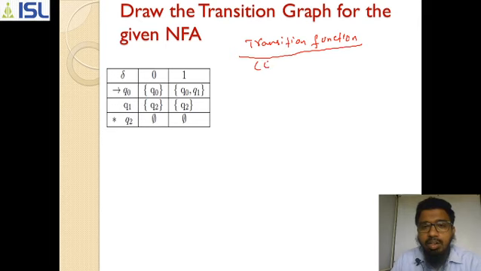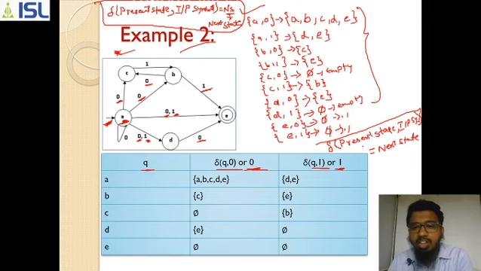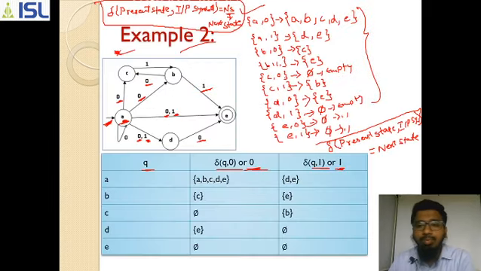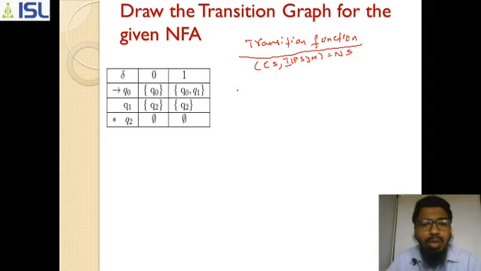Current state or present state, comma, input symbol, is the next state. We will see this and we will draw.